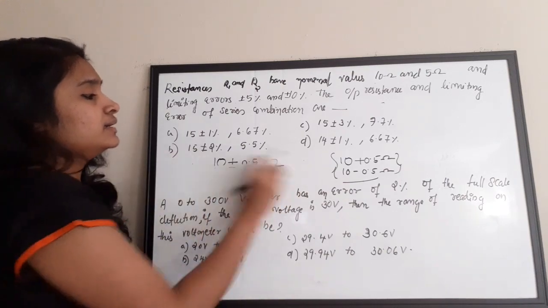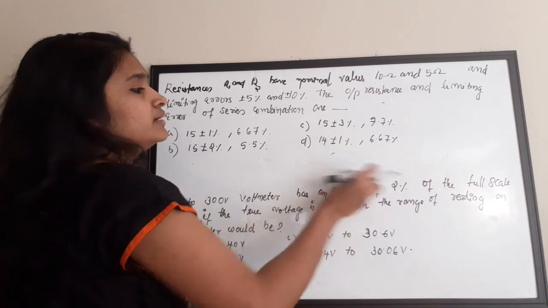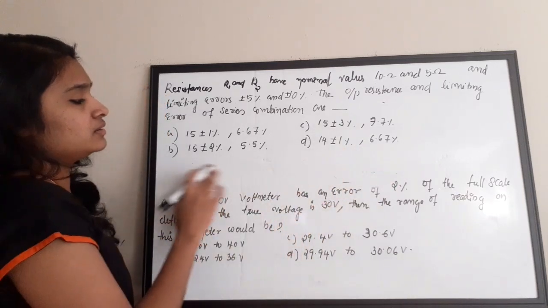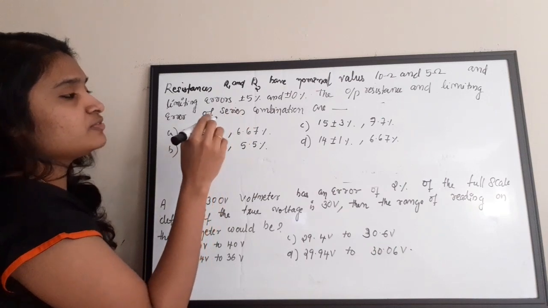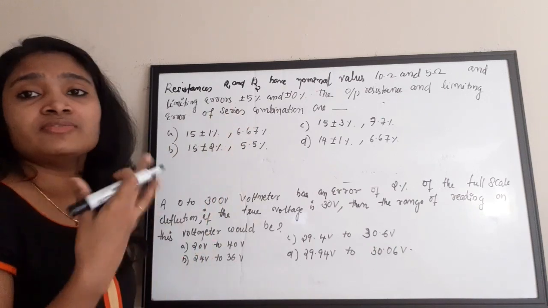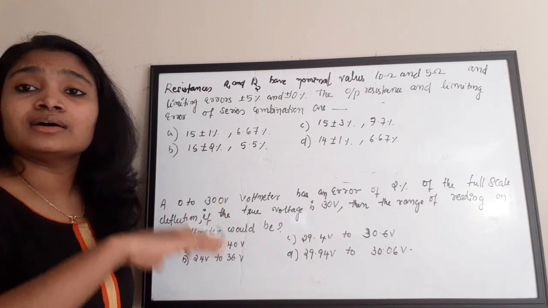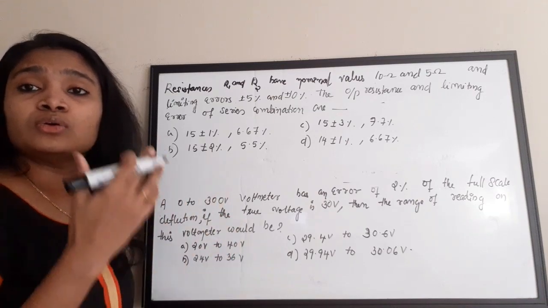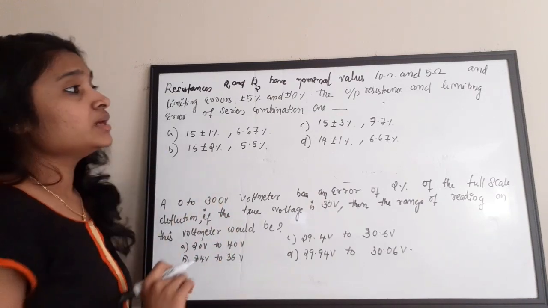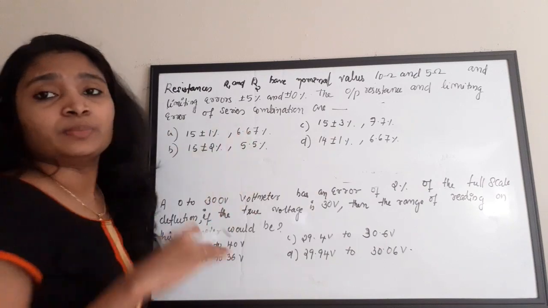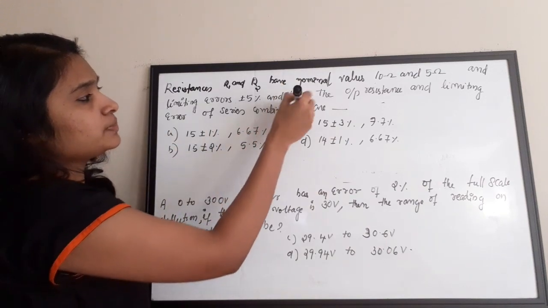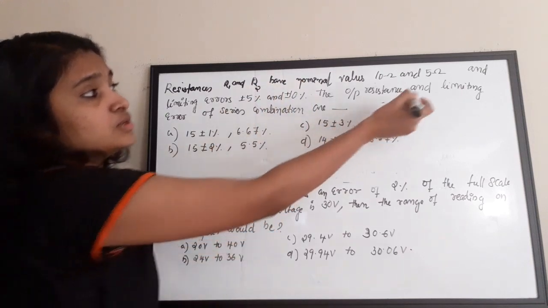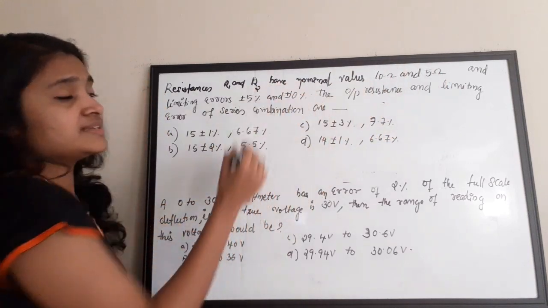Next, see, the resistance value is actually 10 plus or minus 0.5 ohm. It can go up to 10.5 or it can go down to 9.5. Next, for the 5 ohm resistor, the limiting error is 10%.